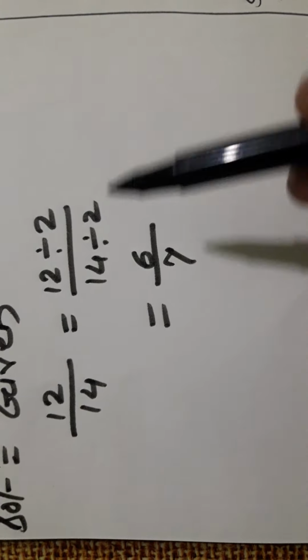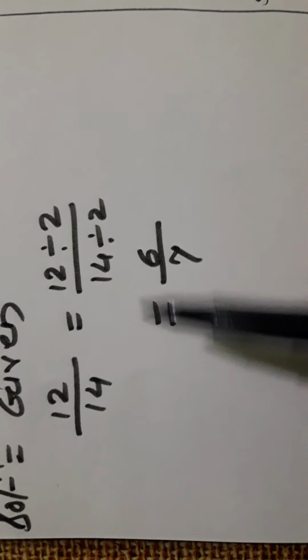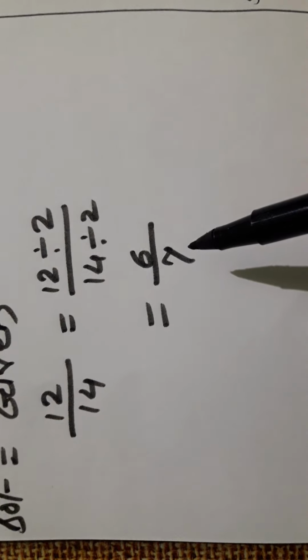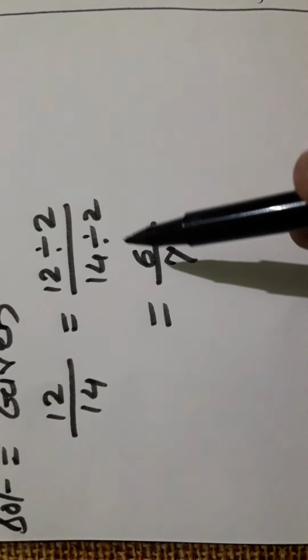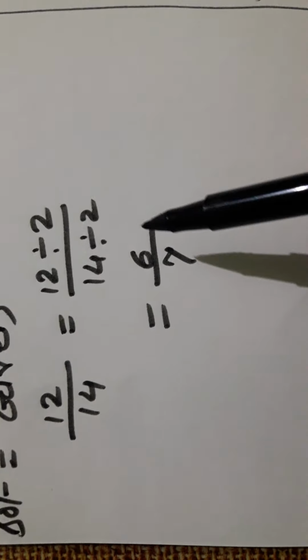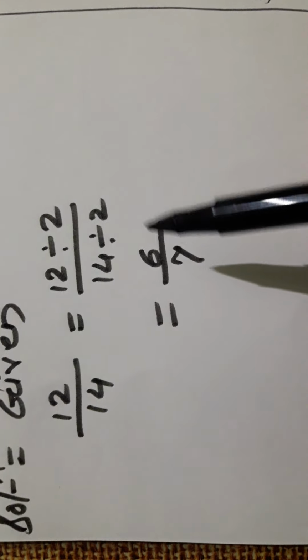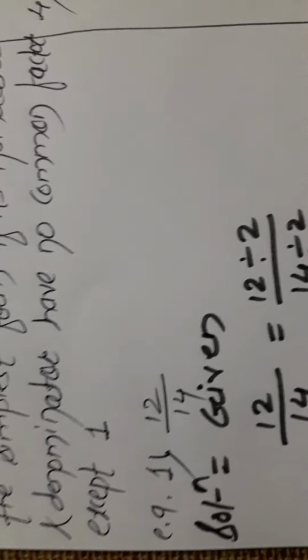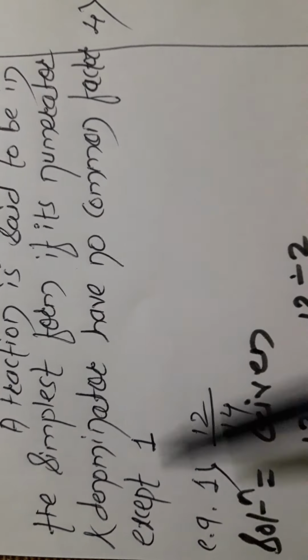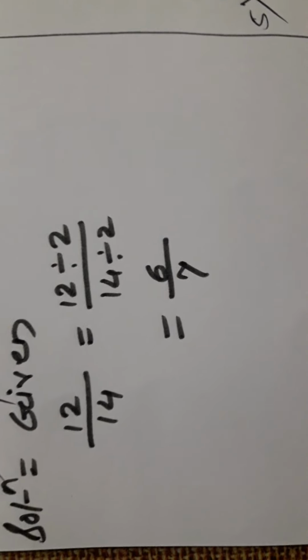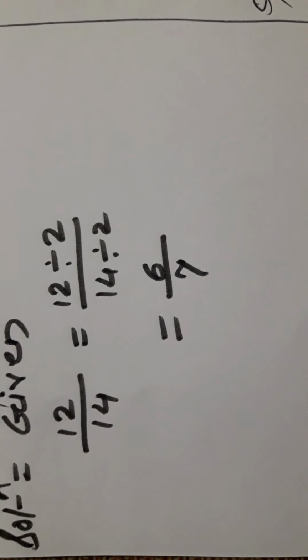See here. Means here there is no number by which we can divide both 6 and 7. This is the situation of what? No common factor except 1. Means 6 and 7 don't have any common factor except 1.